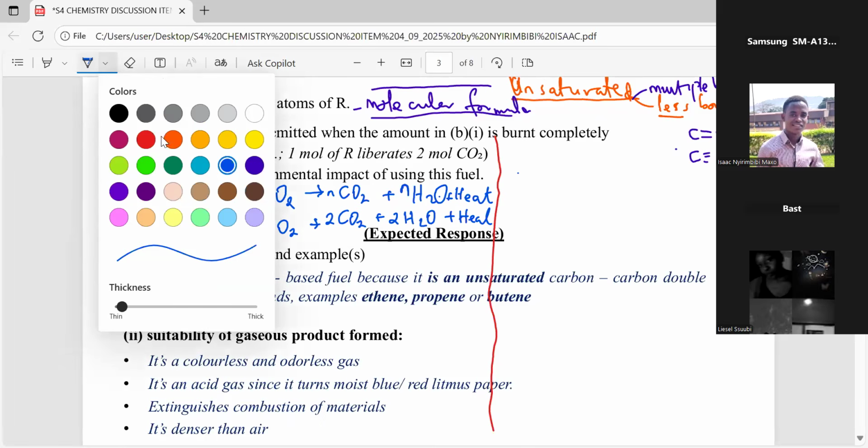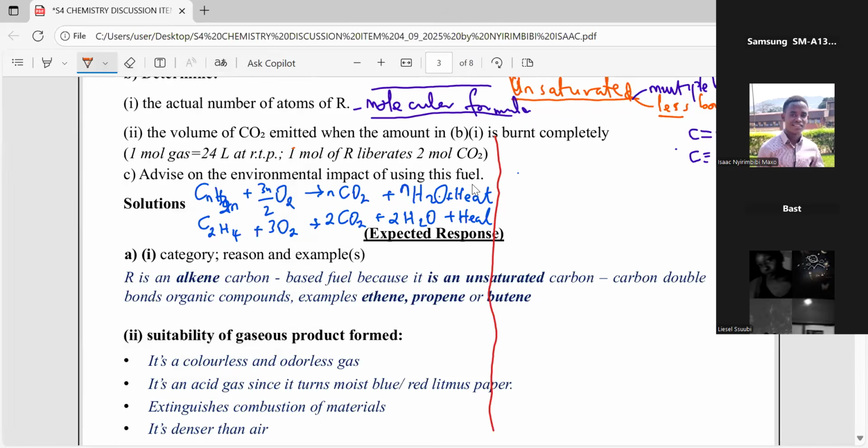Now, where do we start from? 1 mole of C2H4 reacted to form 2 CO2. What is 2 CO2? Carbon dioxide with a 2 in front of it.